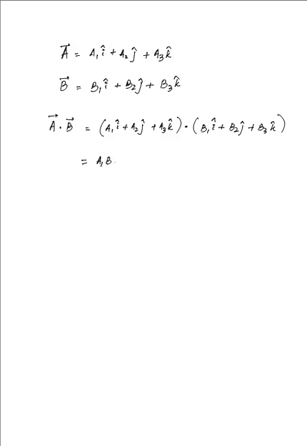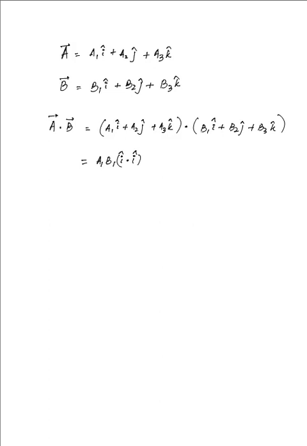b1 i cap dot i cap, which goes to 1 obviously. We'll take the ones later. I need not multiply the first term in the first bracket, that is a1, with b2, because I know that i cap dot j cap goes to 0.